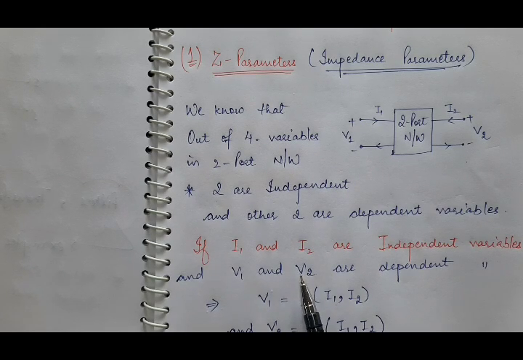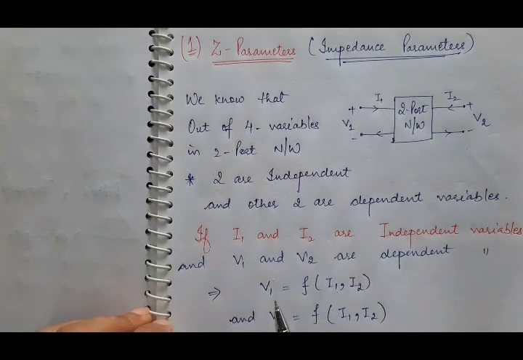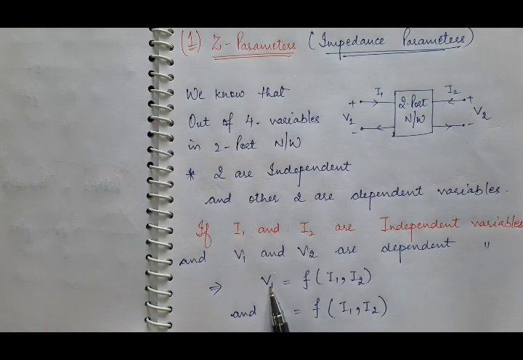They will depend upon the independent variables. It means the value of V1 will depend upon I1 and I2 both. So we can say that this dependent variable V1 will be a function of the independent variables I1, I2. Similarly, the dependent variable V2 is also a function of both the independent variables I1 and I2.